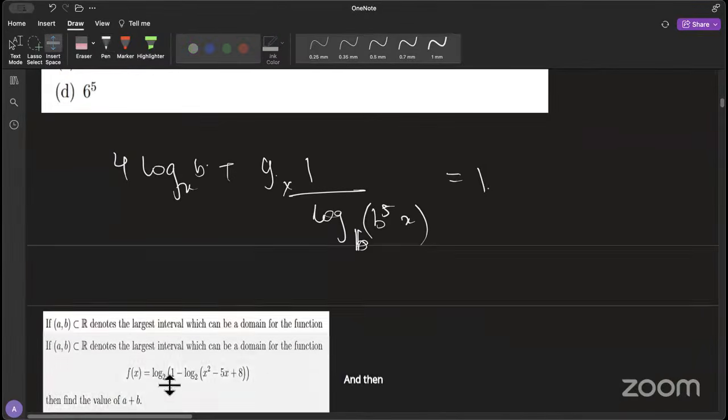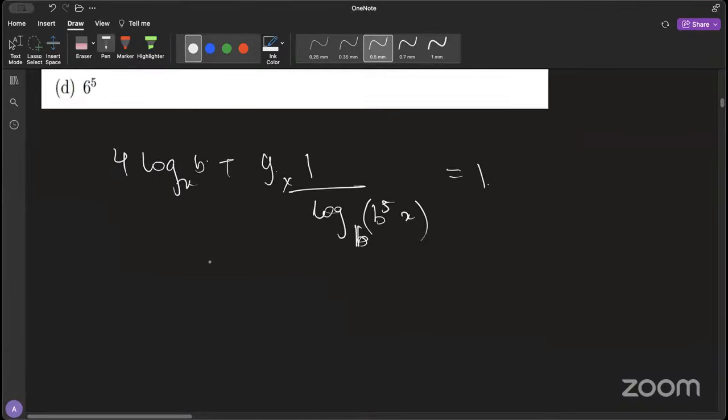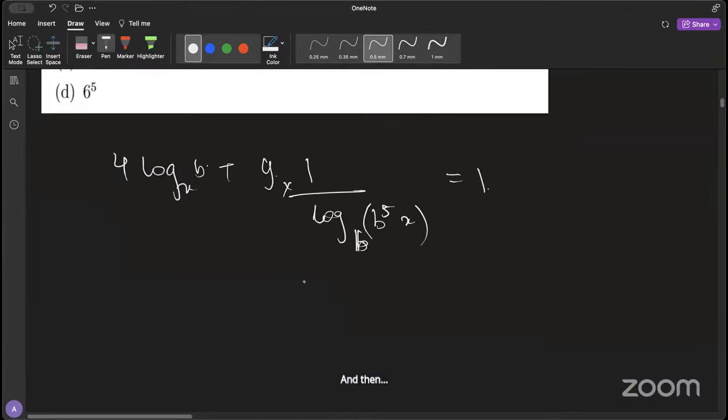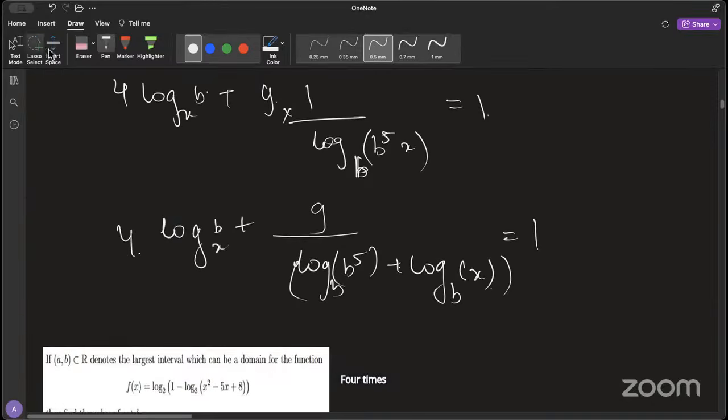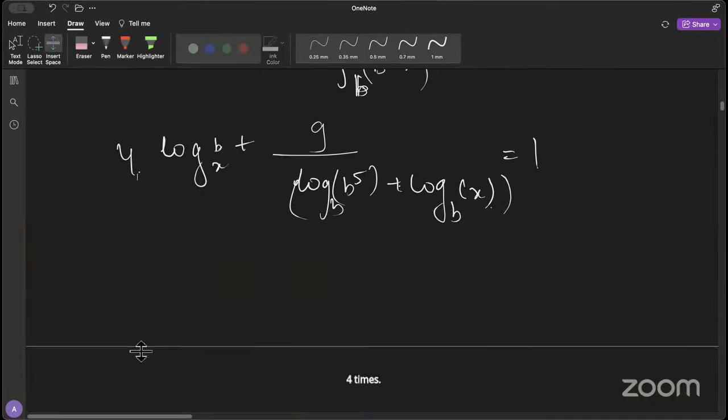And then from here we'll have 9 by log base b to the power 5, and plus log base b x. This will be 1, right? And this is log x b here 4 times.